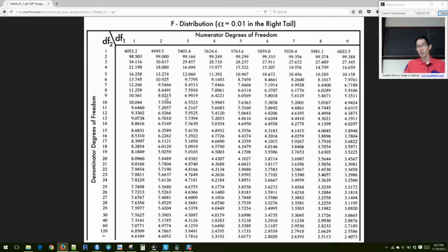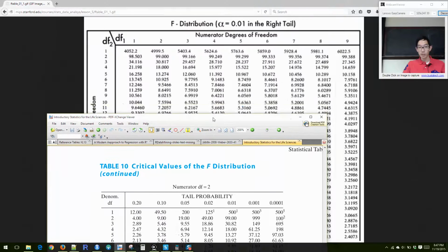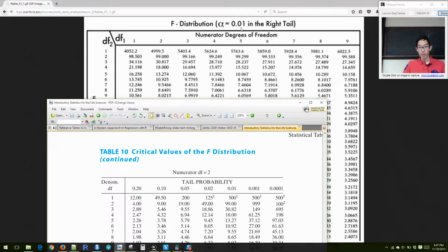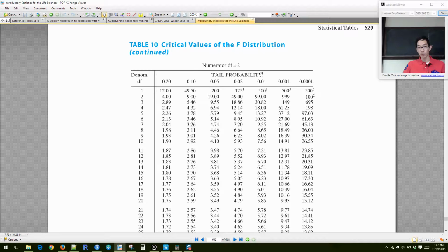So here it's just, is your number bigger or smaller than this? At the 1% level, it's 8.02.